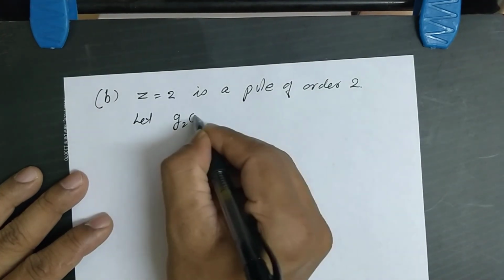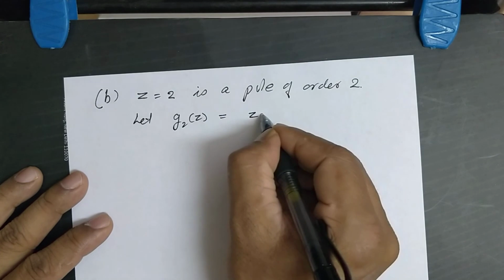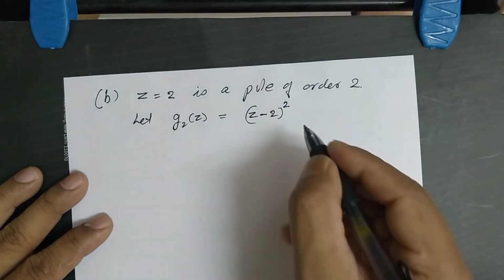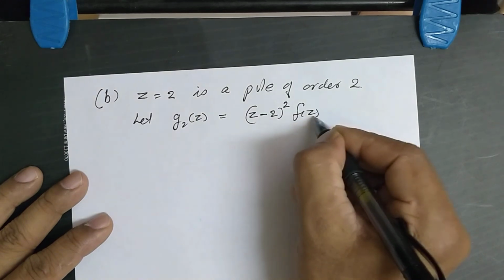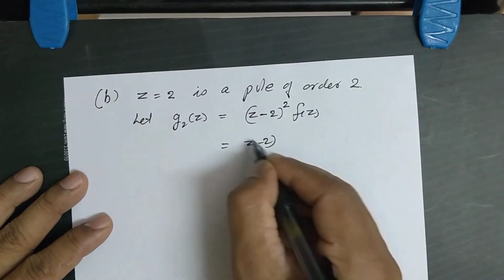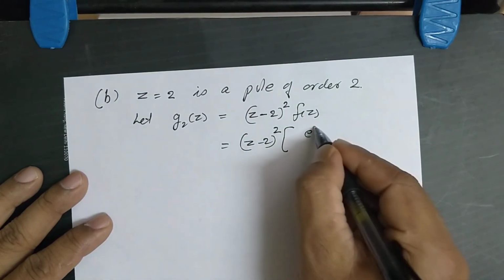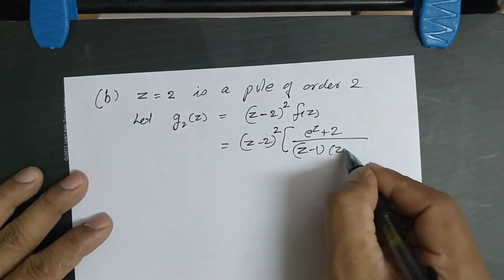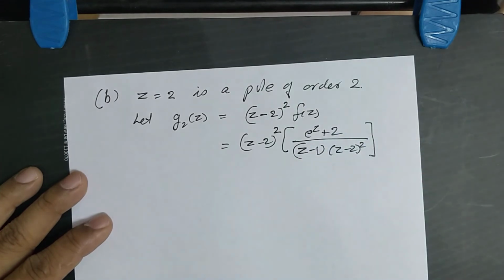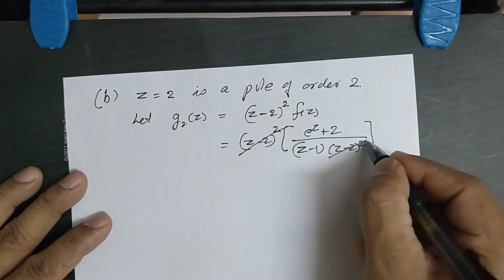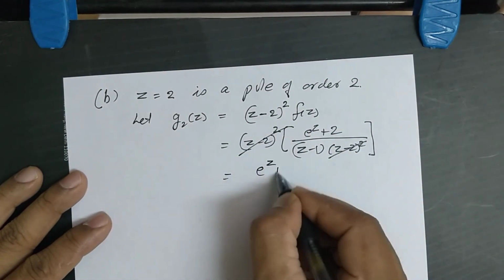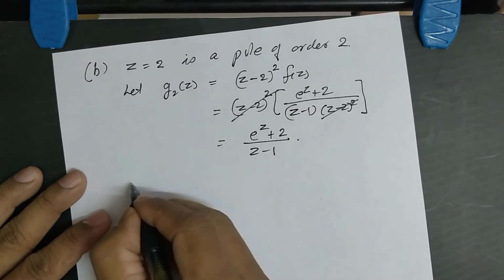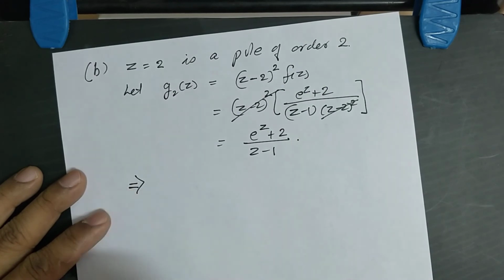Let g2 of z be z minus 2 square times f of z, and the function f of z is this. This cancels with this, and what I have is this.